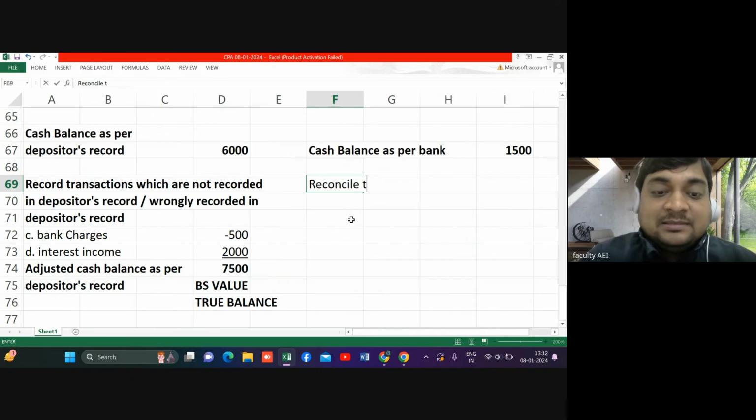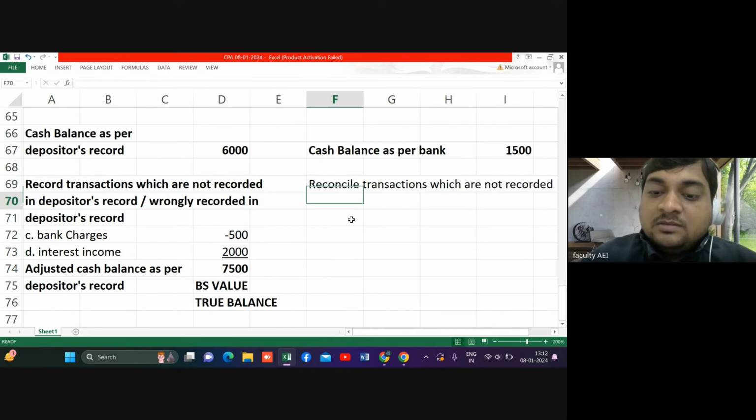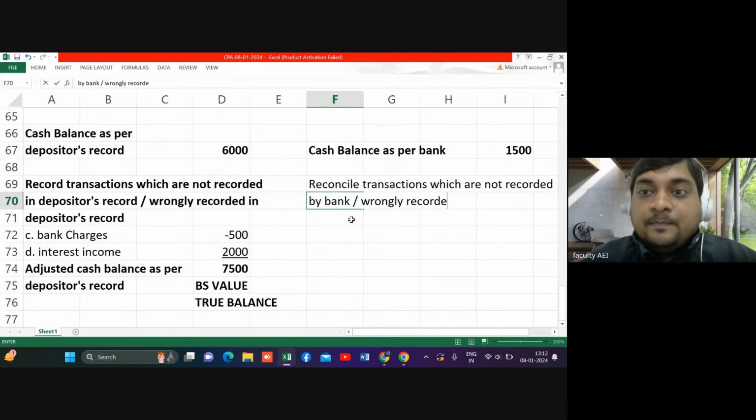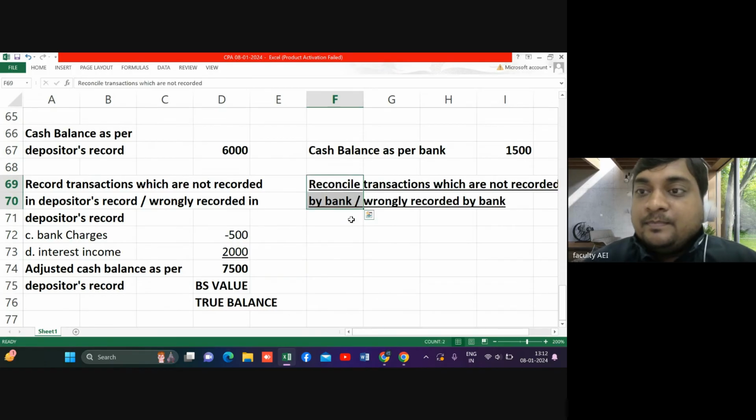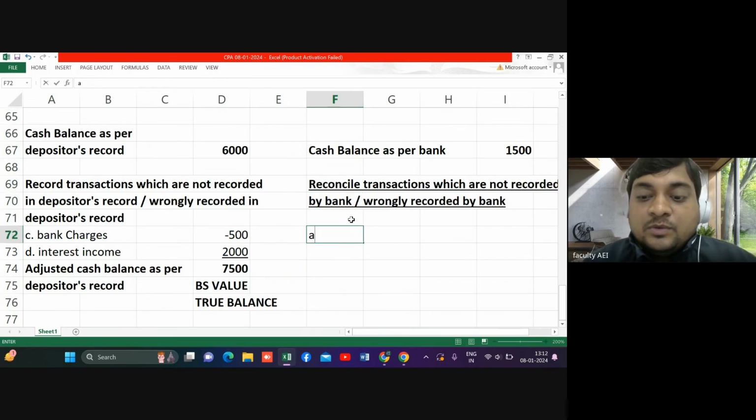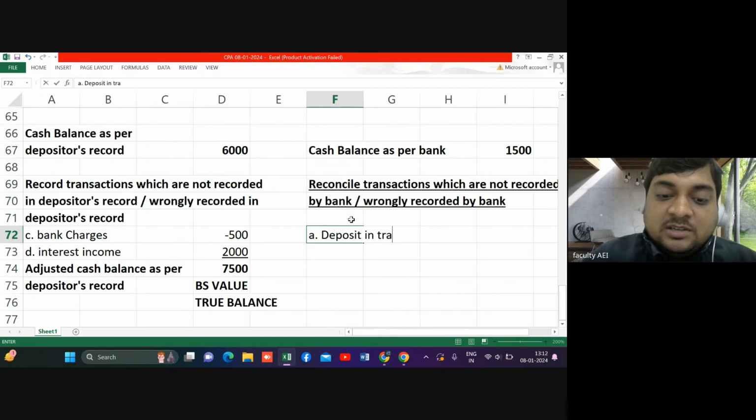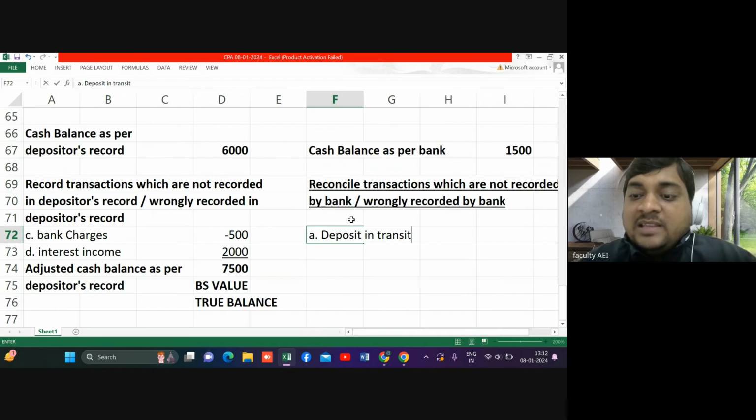Reconcile transactions which are not recorded by bank or wrongly recorded by bank. So we have deposit in transit. Think that it is collected today.